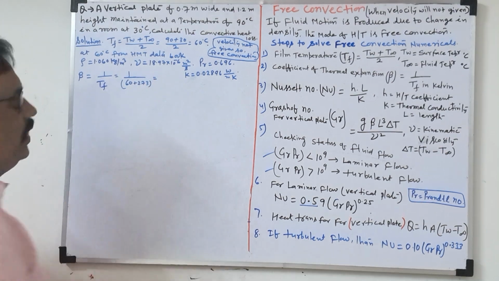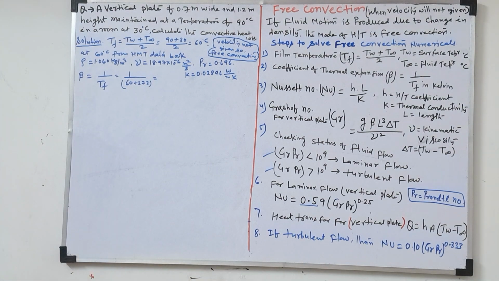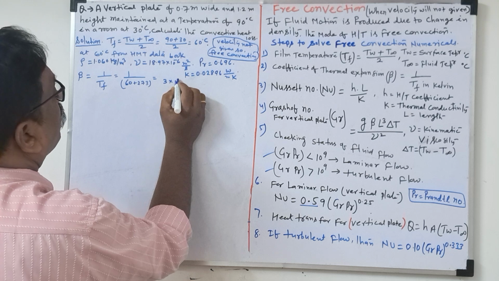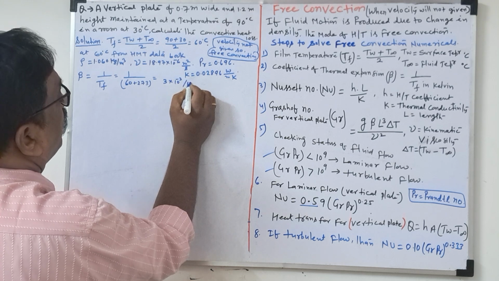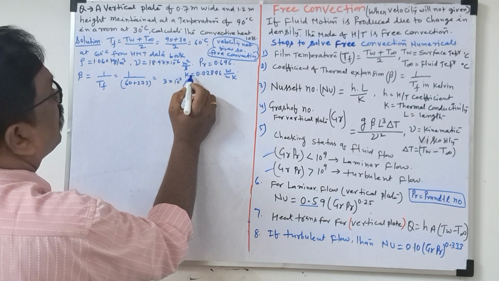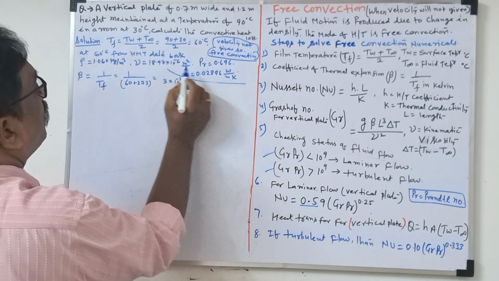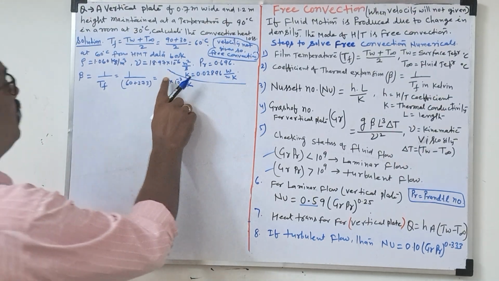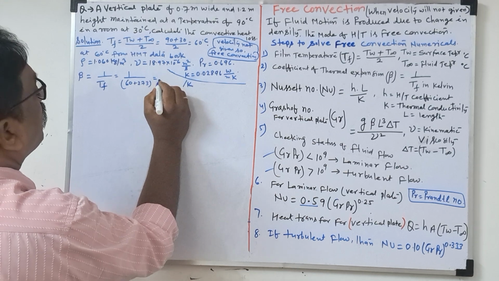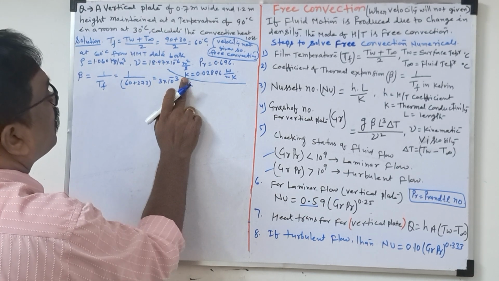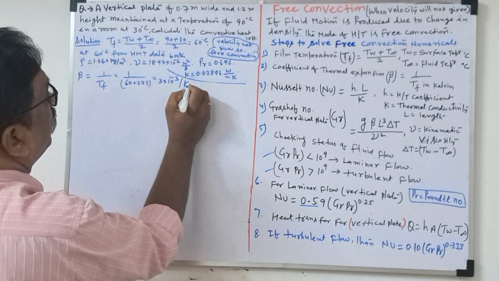So how much will this value come? 1 by 333, which is about 3 into 10 power minus 3 per Kelvin. This is the value here, the property and all. So 3 into 10 power minus 3 per Kelvin.